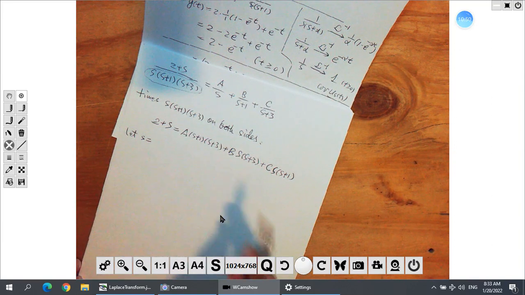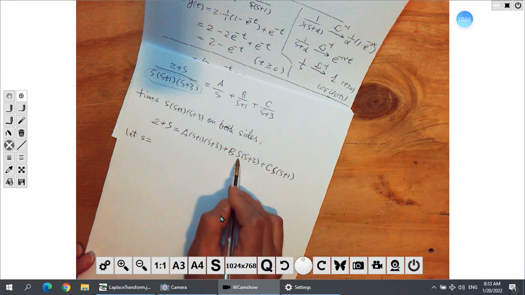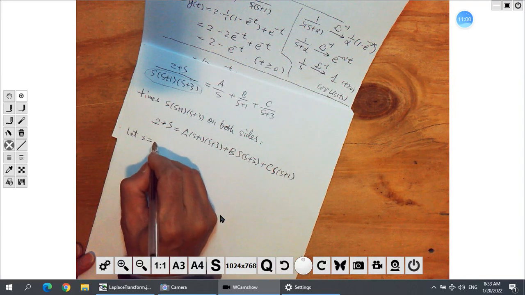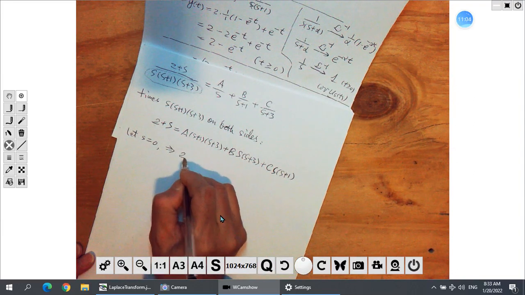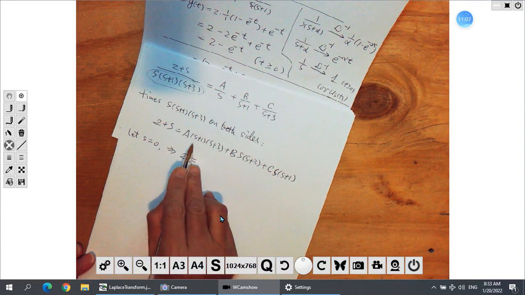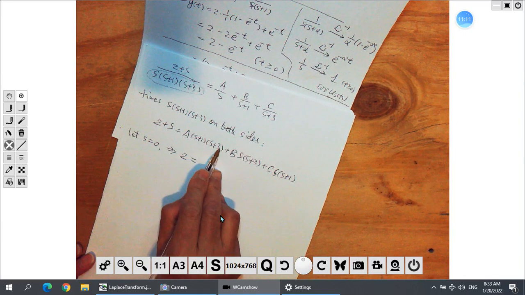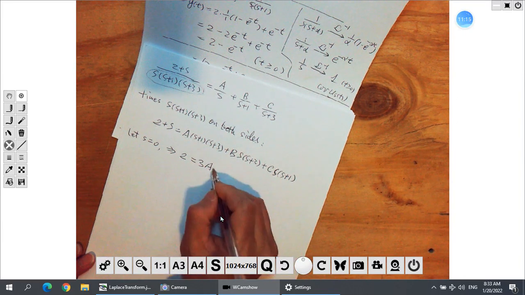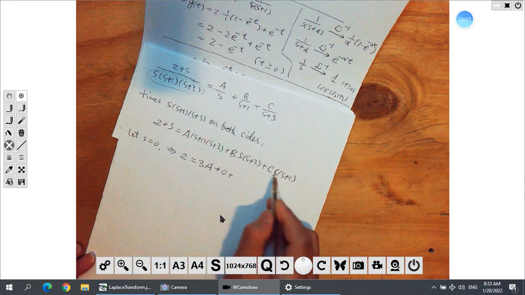You see, I have s, so if I choose s equal to 0, then these two terms vanish. So let s equal to 0, then we have 2 plus 0 is 2, equal to a times (0 plus 1)(0 plus 3), so 1 times 3, that is 3a. The b term has s, which is 0. The c term also has s, which is 0.